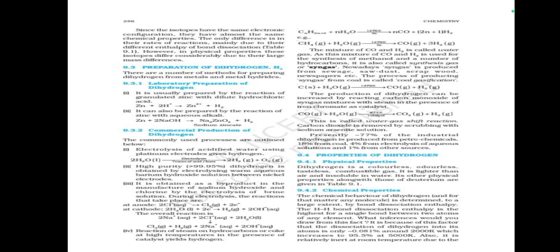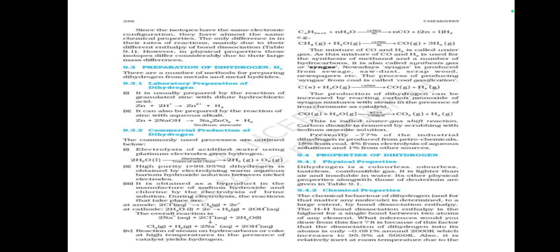Chemical properties. The chemical behavior of dihydrogen, like that of any molecule, is determined to a large extent by bond dissociation enthalpy. The hydrogen-hydrogen bond dissociation enthalpy is the highest for a single bond between two atoms of any element.